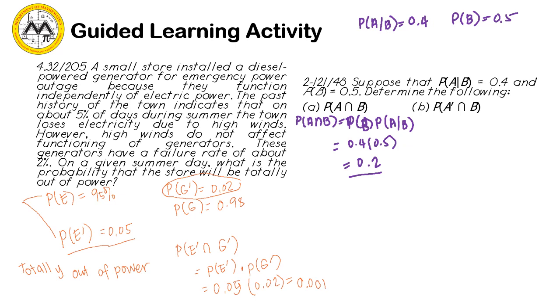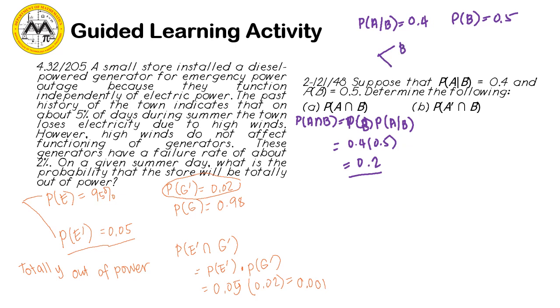How about the probability of A prime intersection B? How do we solve for it?